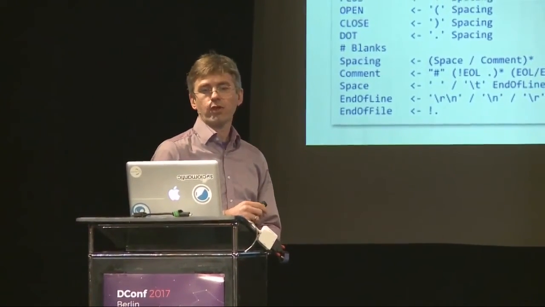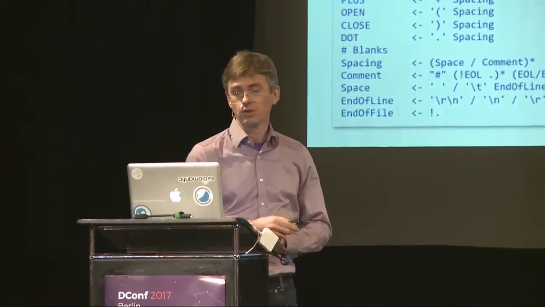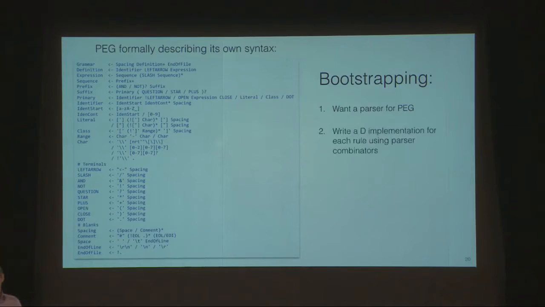Bryan Ford actually provides a parsing expression grammar that formally describes its own syntax. This is roughly how PEG was bootstrapped. So we wanted a parser for PEG. The way to get that was to write a parser for each rule on the left by hand, like we've done before.